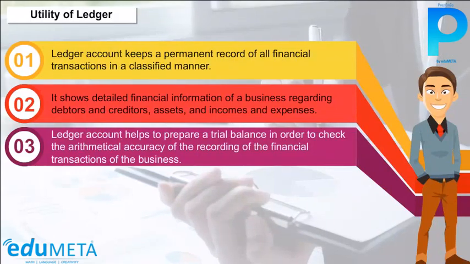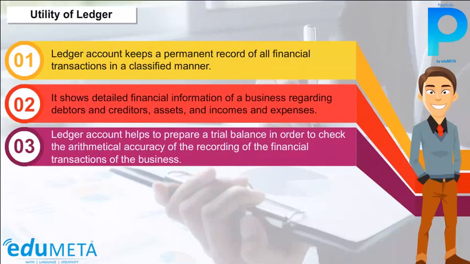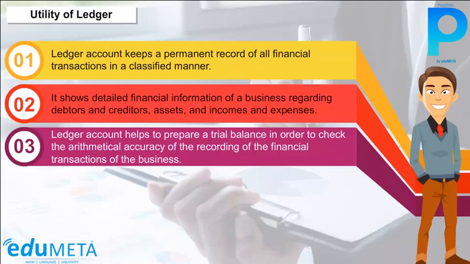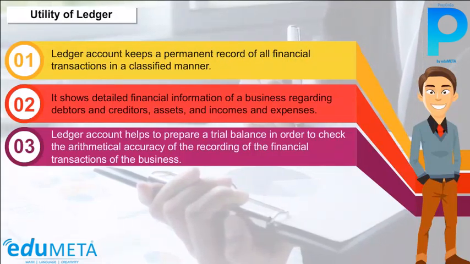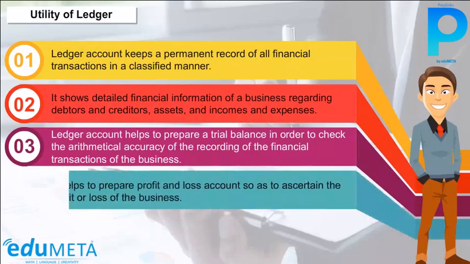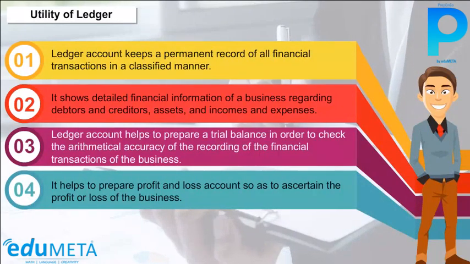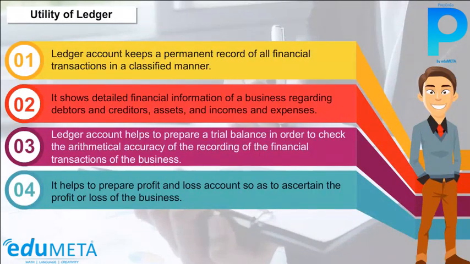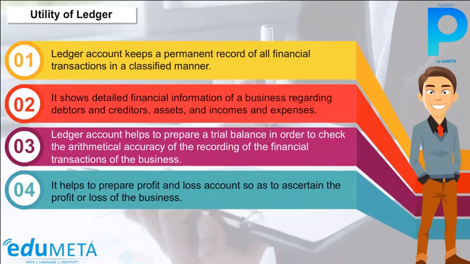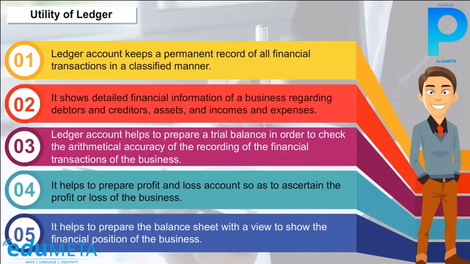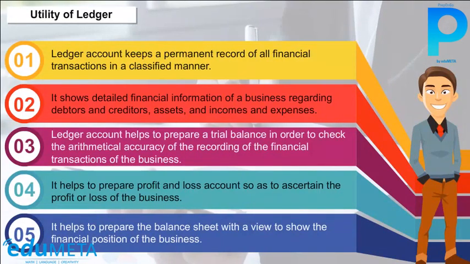It helps to prepare a trial balance in order to check the arithmetical accuracy of the recording of the financial transactions of the business. 4. It helps to prepare the profit and loss account so as to ascertain the profit or loss of the business. 5. It helps to prepare the balance sheet with a view to show the financial position.